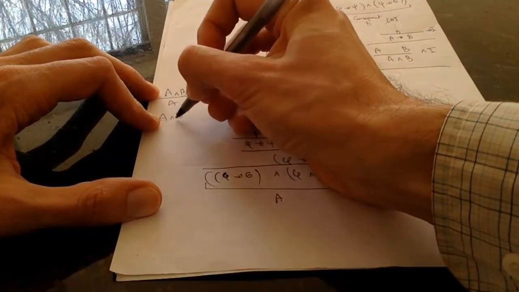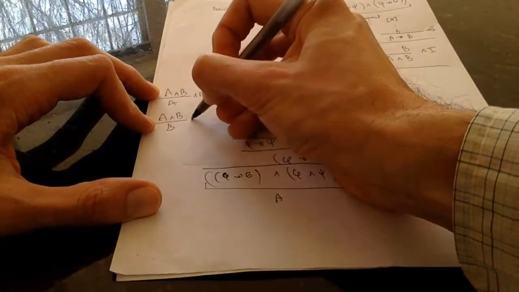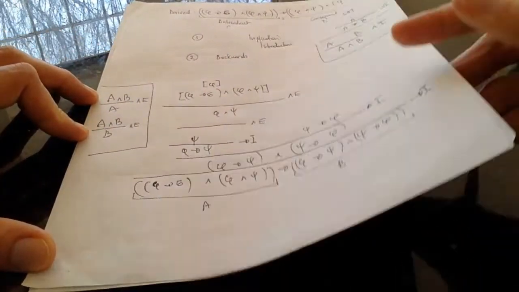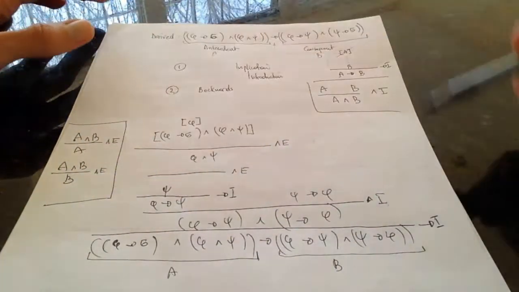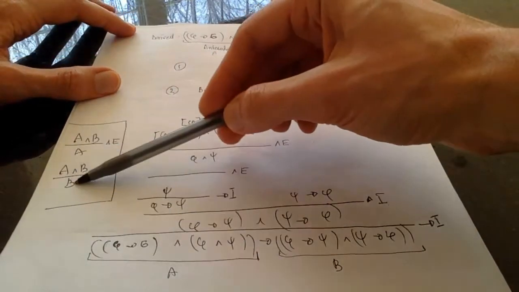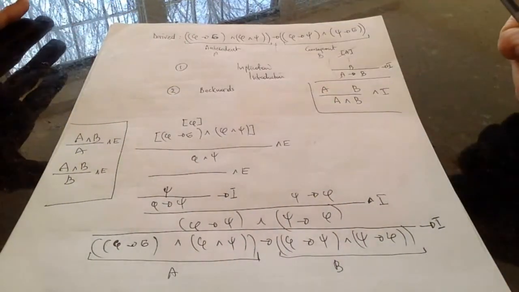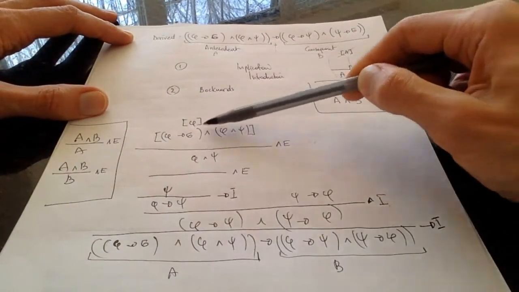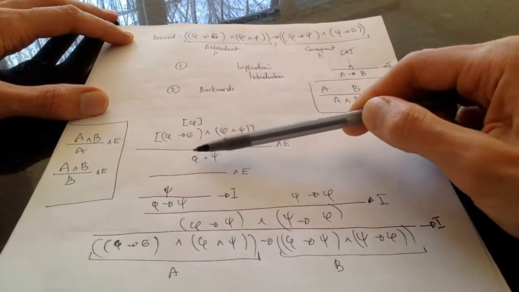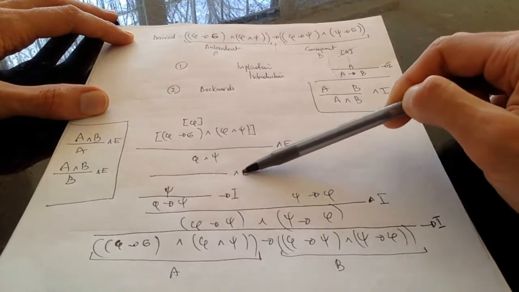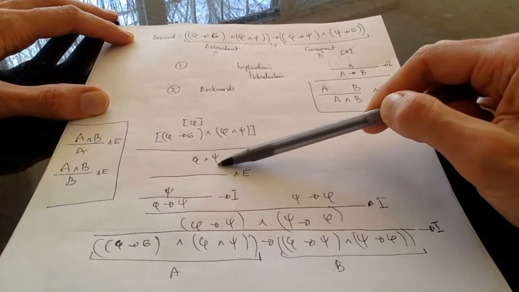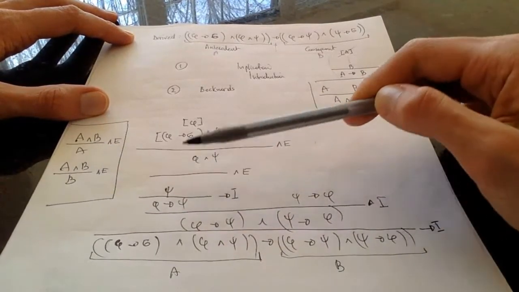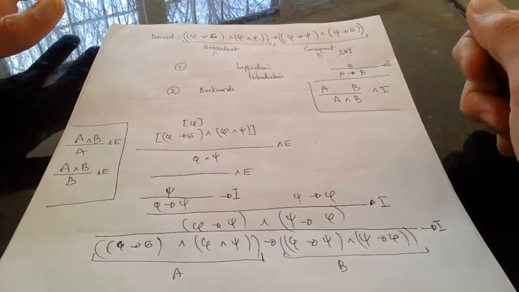Or, again, if I have A and B, I can take out B. That's conjunction elimination. I can take out whichever of the two conjuncts I want. A and B, again, are generic. They can stand for any formula of any complexity. And so here, I've first applied conjunction elimination to this big formula here, and I took out phi and psi. Then I applied it again to this simpler formula, and I got psi, which is what I wanted, right?